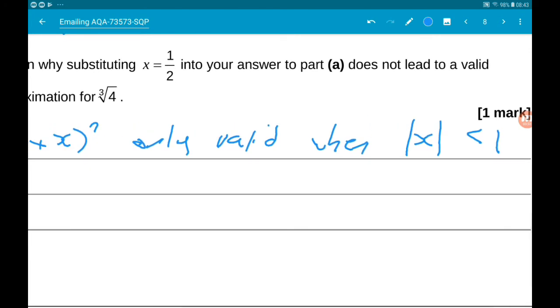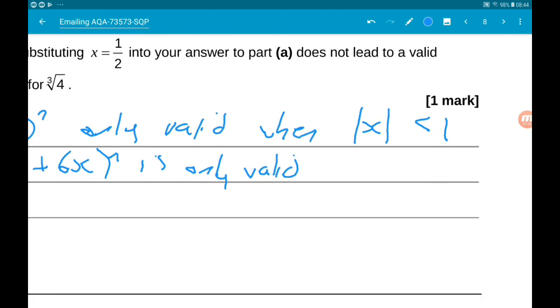So that means then that 1 add 6x to the n is only valid when 6 times the absolute value of x is less than 1.